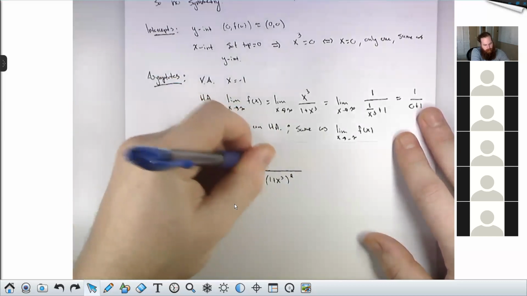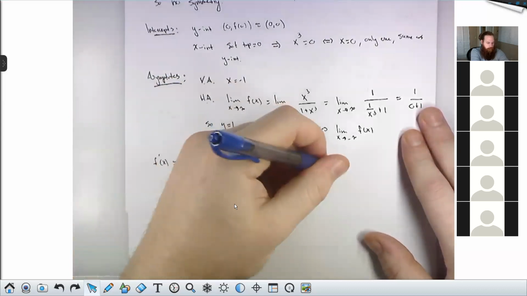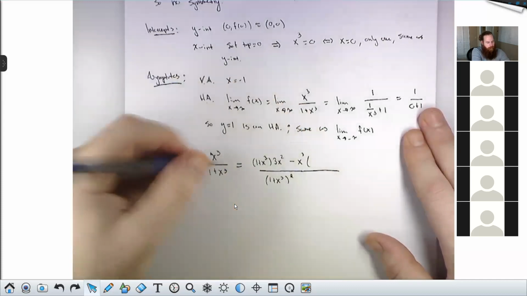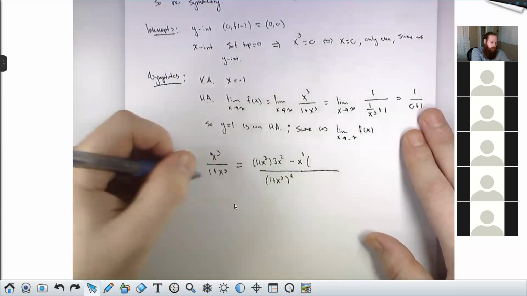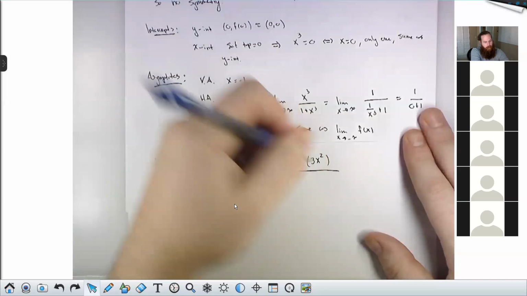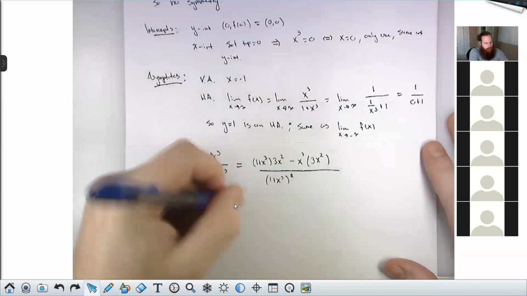So that's 1 plus x cubed times the derivative of x cubed, which is 3x squared. Minus the top, which is x cubed times the derivative of the bottom. The derivative of the bottom, though, the 1 would differentiate to 0, and x cubed differentiates to 3x squared. So that's coming from the quotient rule. The bottom times the derivative of the top minus the top times the derivative of the bottom, all over the square of the bottom.